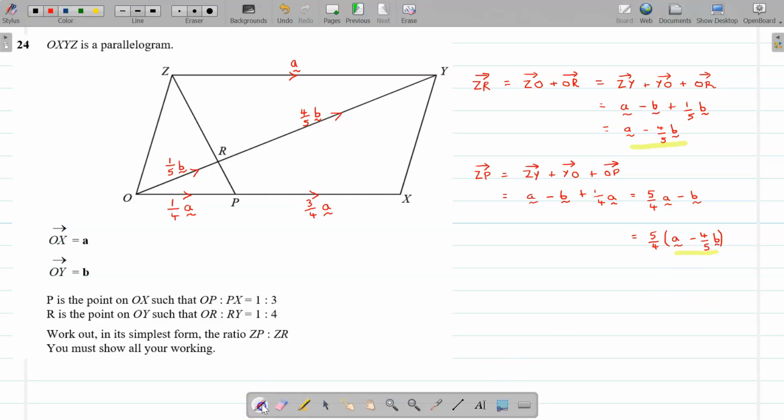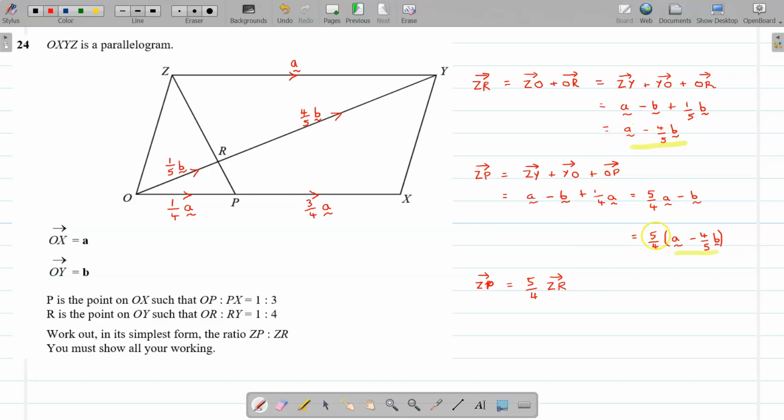So what I can actually say now is that the vector ZP, I should have said, is 5/4 of ZR, because that vector there is ZR.